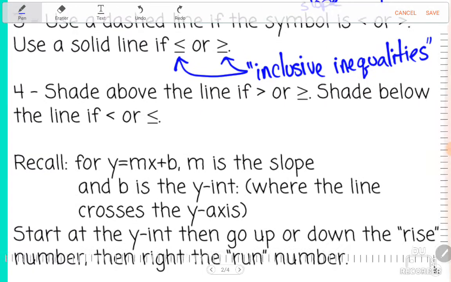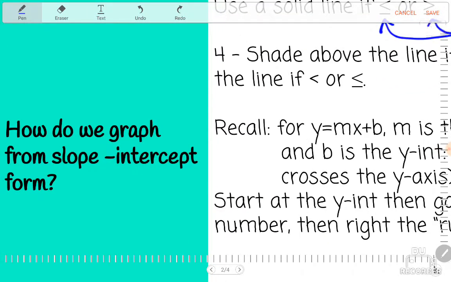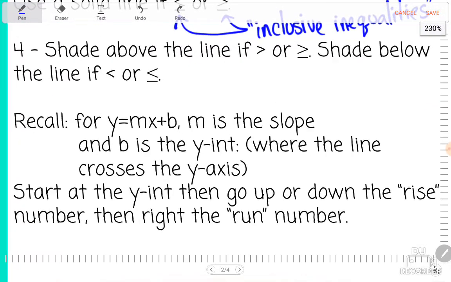Okay. Second question here is how do we graph from slope-intercept form? So, wait, I forgot how to graph the line part. How do I do that? Okay, well, recall that for y equals mx plus b, m is the slope, which we would say is like rise over run. So we either go up or down, and then the run we typically always go to the right, because if it's positive or negative, we deal with it with the rise, or fall, I guess.